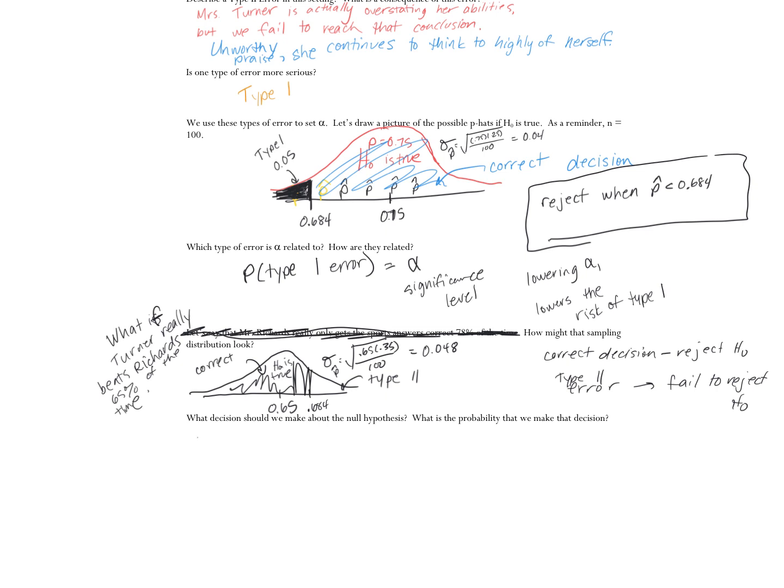So if I ask you guys, what is the probability we get the correct decision given that the actual p is 0.65? To just review some of that. Could we figure that out? Sure. It's a normal CDF question, yeah?